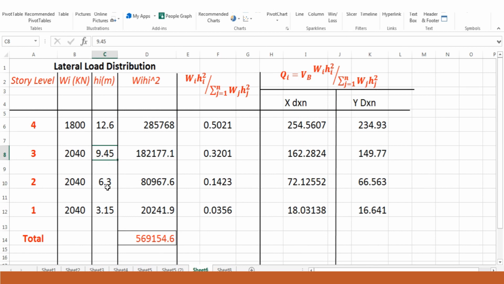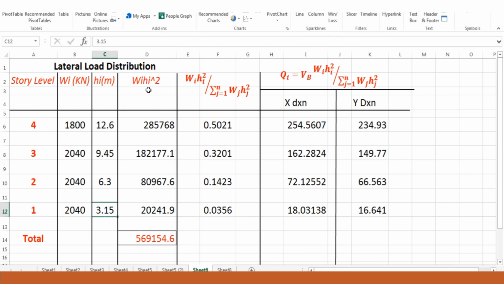Likewise for second story it's 6.3. For first story it's 3.15. Now I can determine the value of Wi into Hi square. Why do I need to determine this? Because the formula for lateral force distribution is Qi equal to Vb into Wi Hi square by summation of j varying from 1 to n Wj Hj square.